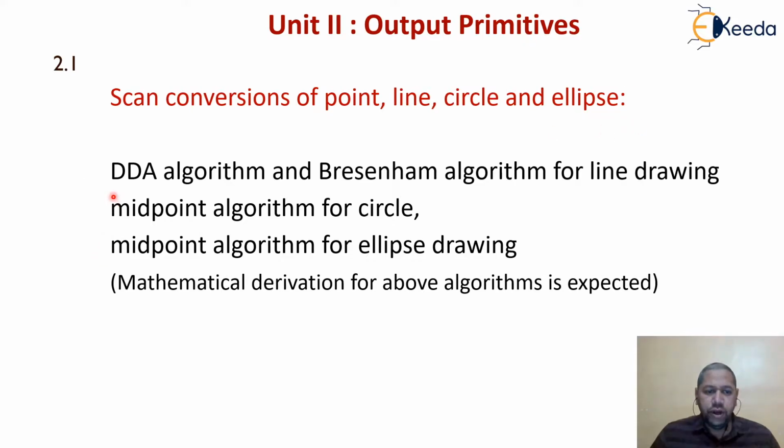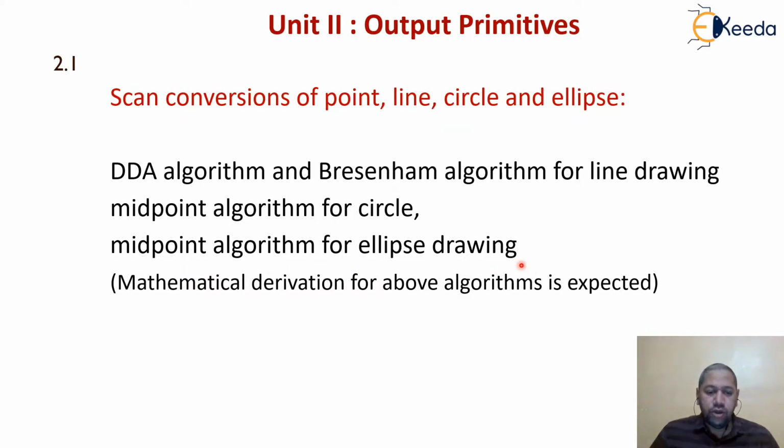The points that we are going to cover are the DDA algorithm and then Bresenham's algorithm. These are the two important algorithms for line drawing. Then we are going to cover the midpoint algorithm for circle, or midpoint circle generation algorithm, and the same technique we use for ellipse generation, the midpoint algorithm for ellipse drawing.